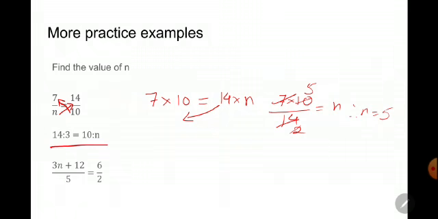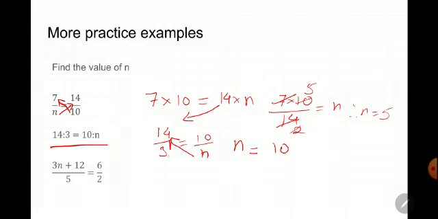Now this proportion can be represented in mathematical form as 14 by 3 equals 10 by n. Let's move n to the left hand side and everything else to the right hand side. N is in the denominator in the right hand side, it will be in the numerator in the left hand side. Therefore n will become 10.